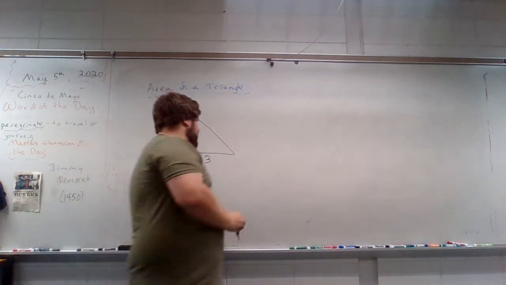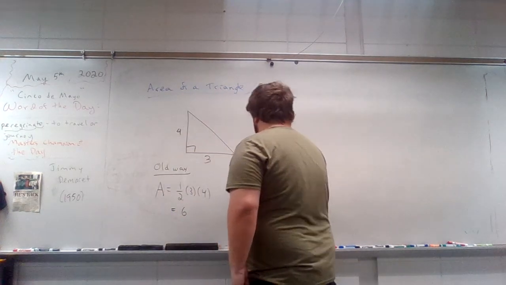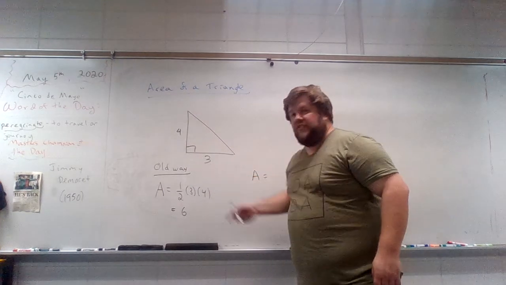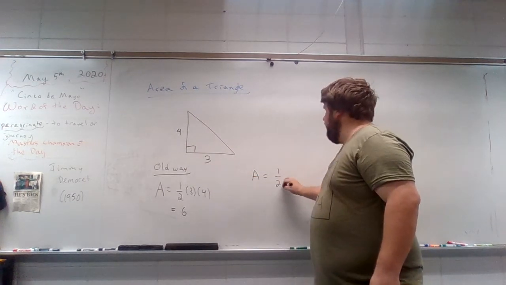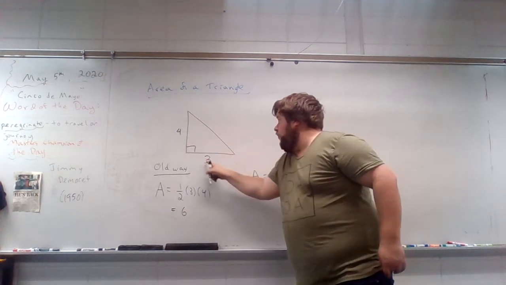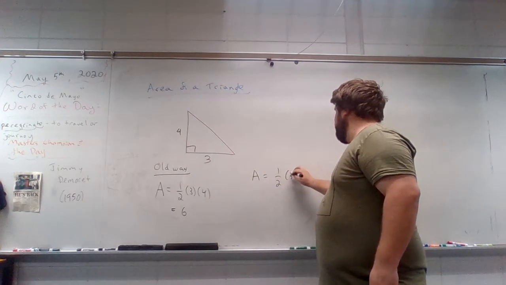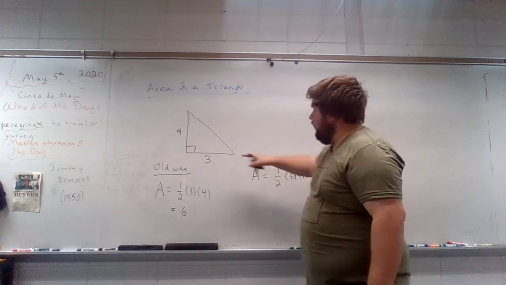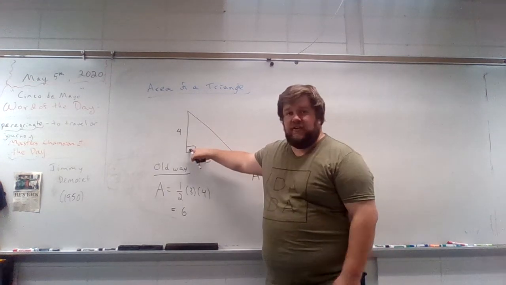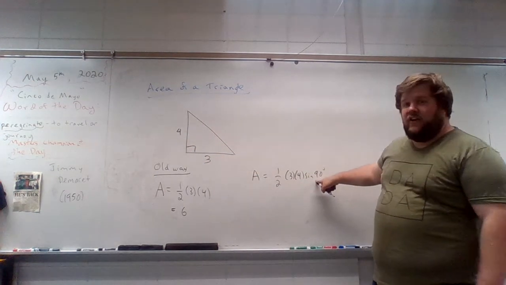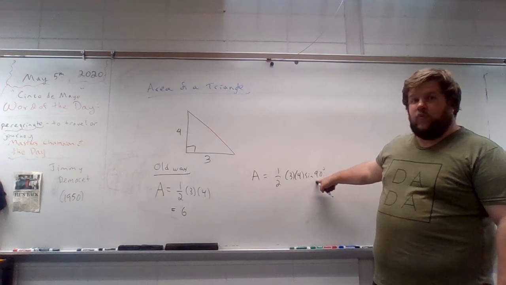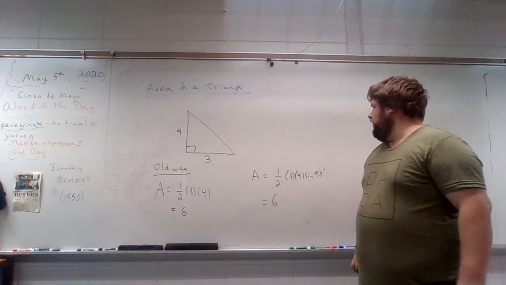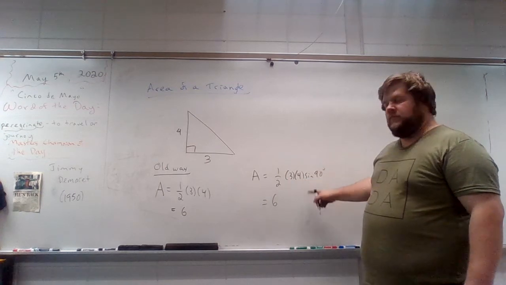What's the new way? Well, it's like side angle side here, so I would do 1/2 times 3 times 4 times the sine of the included angle. The included angle between the sides is 90 degrees. What's the sine of 90 degrees? It's 1. I remember the unit circle, so I actually get 6 as well, right?